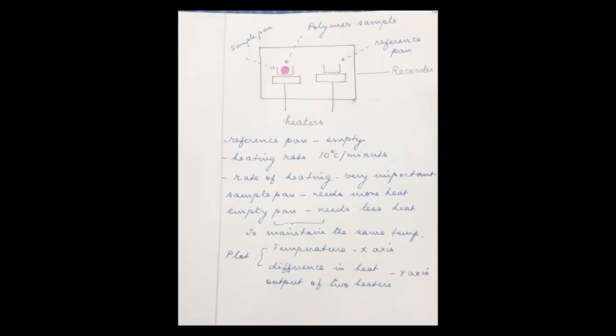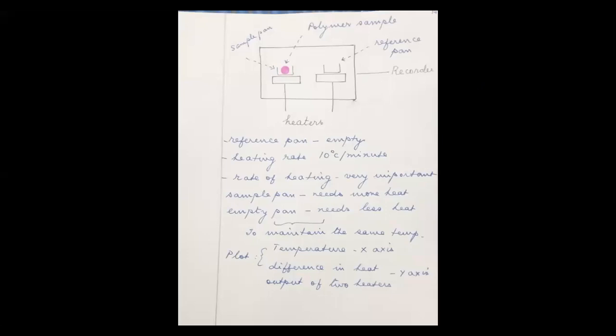So the plot or the graph to be drawn for this experimental technique is that the temperature is taken on the x-axis and the difference in heat is taken on the y-axis. That difference in heat is actually measured as the output difference of the two different heaters employed to heat the sample and the reference. So you should understand these things very clearly.